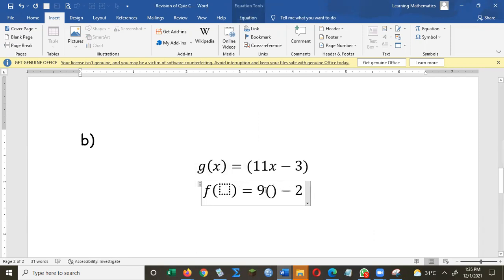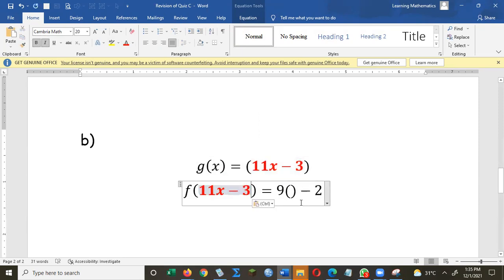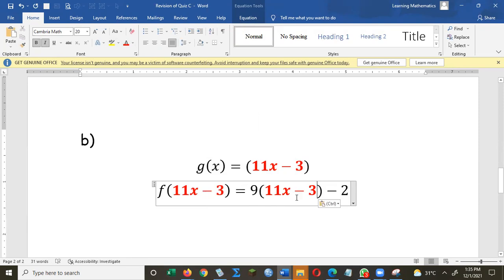Replace the x's with brackets, because this is what you're going to substitute. G, you're going to substitute into f, all where you see a bracket. Putting a function inside of a function.